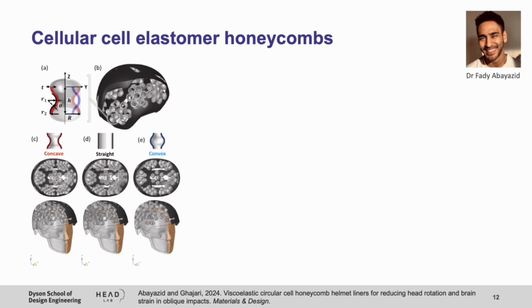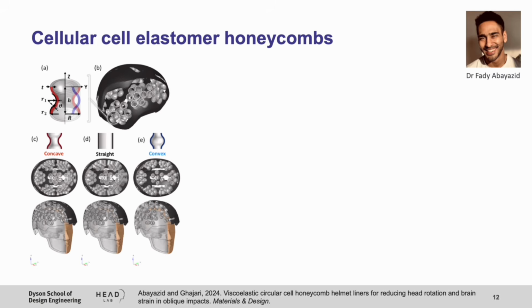And then he would fill the entire liner of the helmet with arrays of these cellular elastomers. Of course, building these is difficult. We did build some prototypes, but it can be quite complex and expensive using 3D printing.